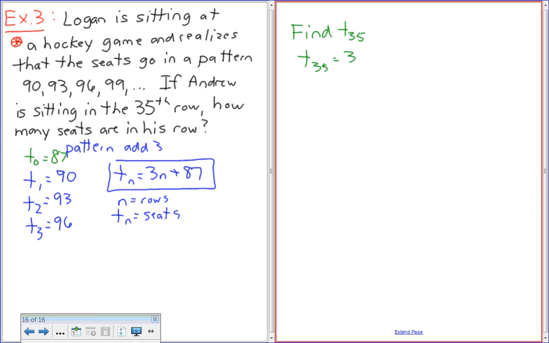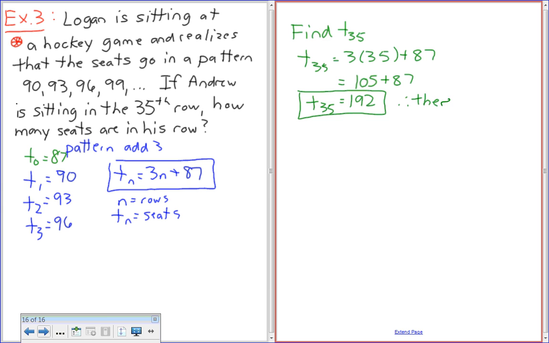T35 equals 3 times 35 plus 87, which is 192. I knew there was math at a hockey game. Not that we're at a hockey game. Therefore, there are 192 seats in Andrew's row.